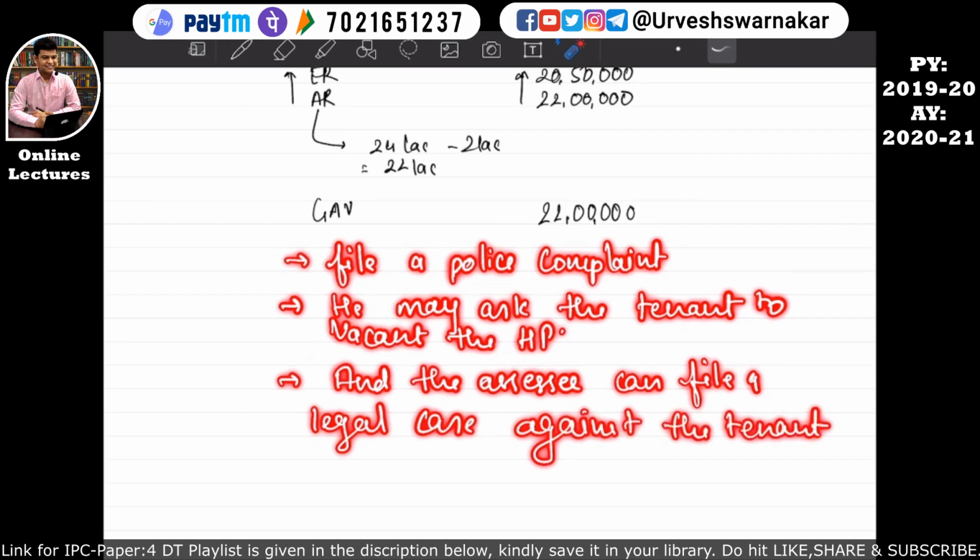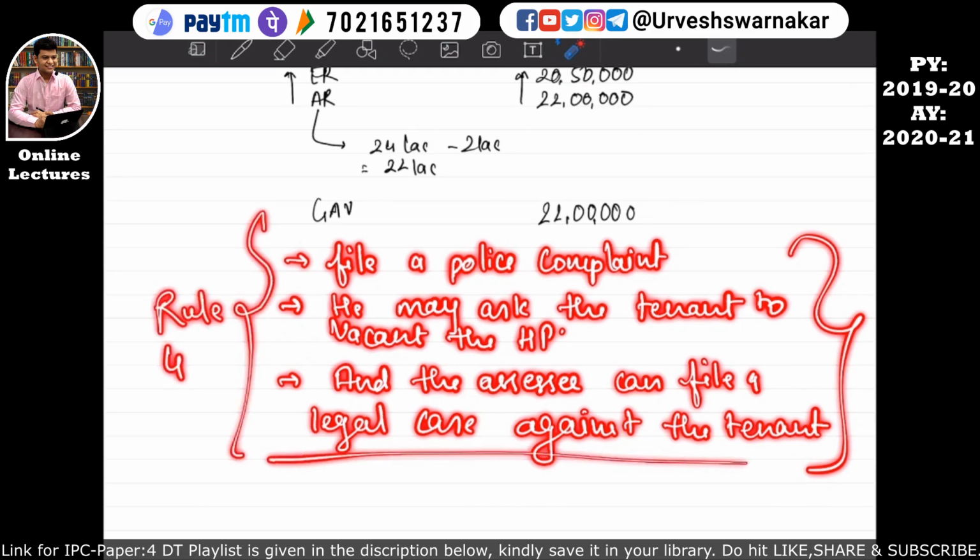So basically this is rule 4 that the income tax has laid down.